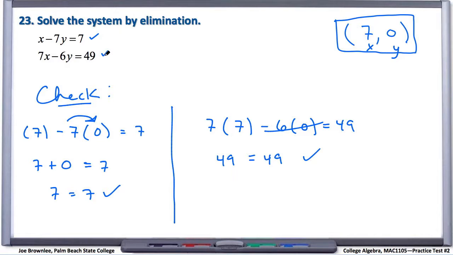And the fact that this ordered pair works in both of our equations means it is a solution to the system. If it only worked in one of the two equations, it is not a solution. And of course, if it doesn't work in either of the two equations, it's definitely not a solution. All right, but number 23, our solution to the system is 7, 0.